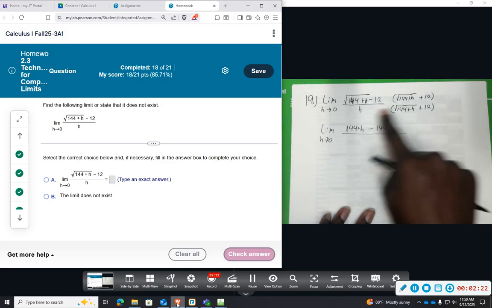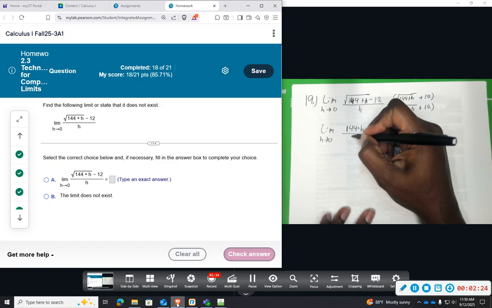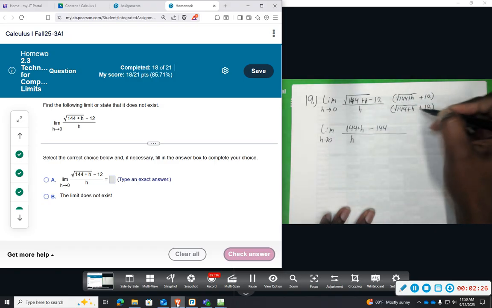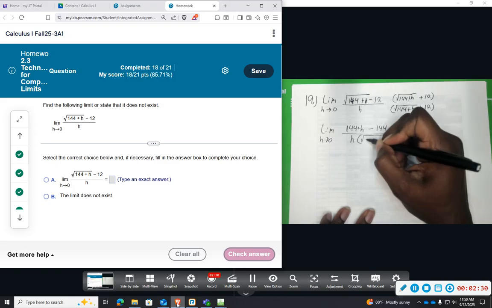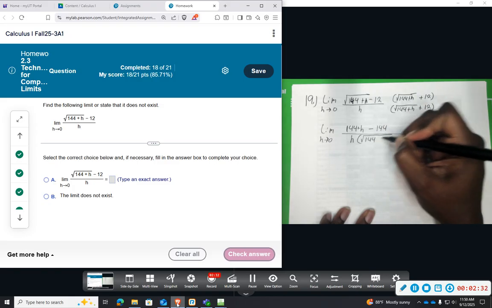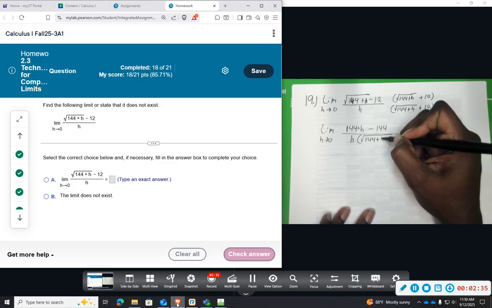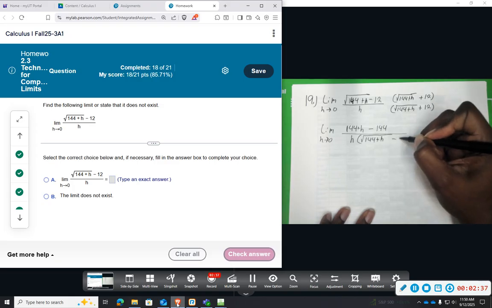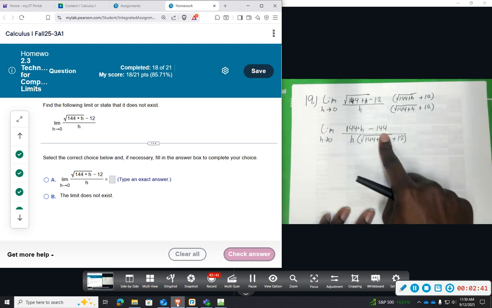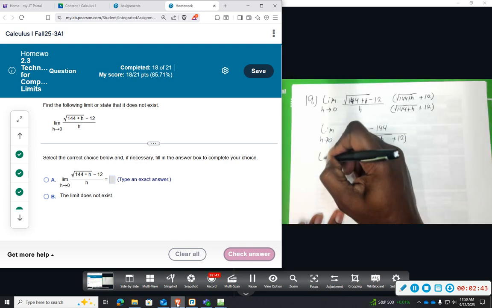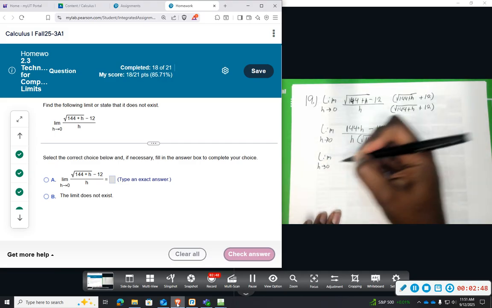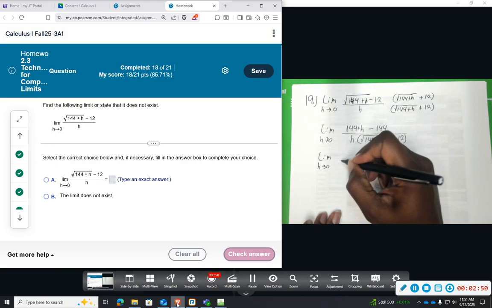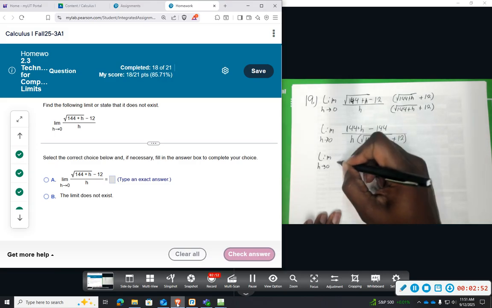On the bottom, I'm just going to write it as a factored form. So we'll have the h times this expression, which is the square root of 144 plus h underneath the square root, and then we have a plus 12. Okay. So if you simplify the numerator, the positive and negative 144 will cancel out, leaving us with just a positive h.